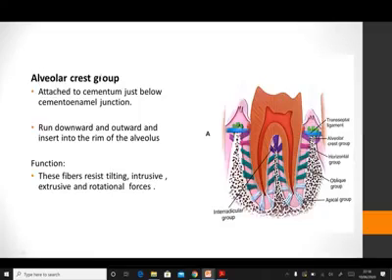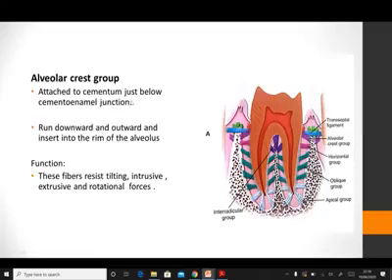So all of these principal fiber groups, the alveolar crest group, the horizontal group, the oblique group, the apical group, the interradicular group, are attached to cementum on one side and alveolar bone on the other side. Starting with the alveolar crest group, it is attached to cementum just below the cemento-enamel junction, and it runs downwards and outwards from there and inserts into the rim of the alveolus or the alveolar crest.